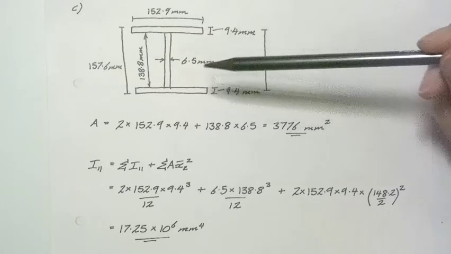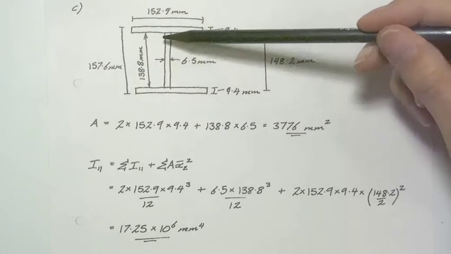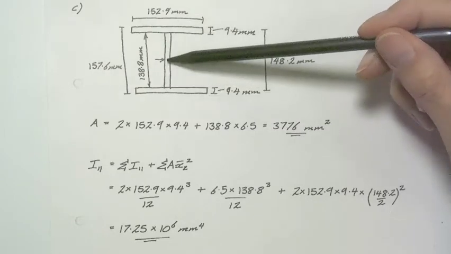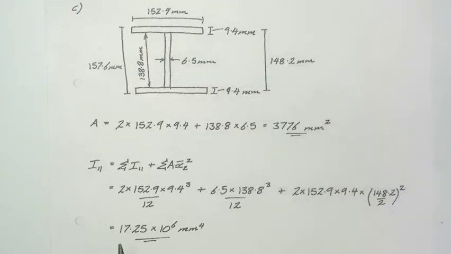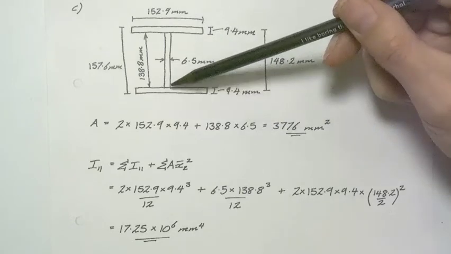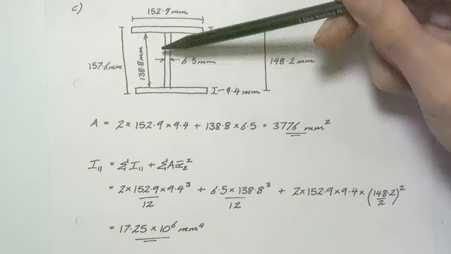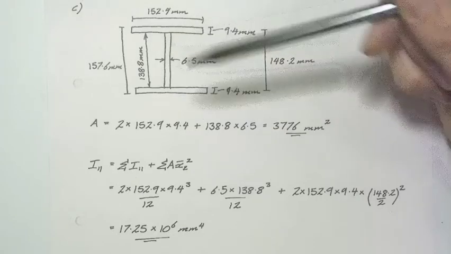We don't need to include any additional component for the web, because the centre of the area for the web is the same position as the centroid for the entire cross-section, and so we've included all of the terms we need, and we simply end up with this value here. Again, if we check that compared to the value in the section tables, it's very close, it's slightly conservative, again because we haven't included the material present in the radial parts at these four locations.